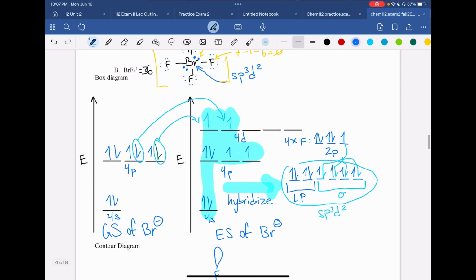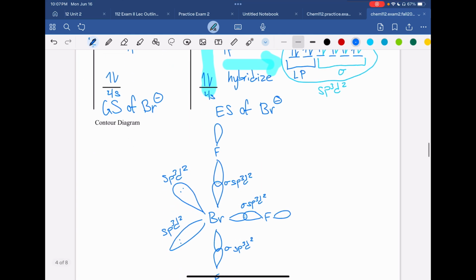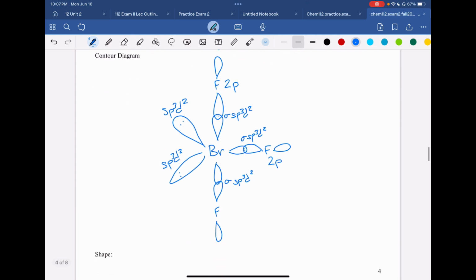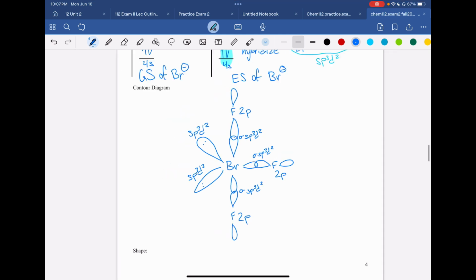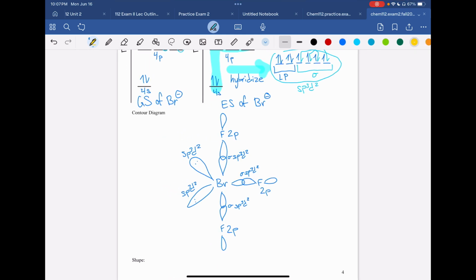Remember, where do these electrons occupy, right? They still float around. So you just simply put it right next to fluorine, 2p. That's it. Okay, time for the angles.